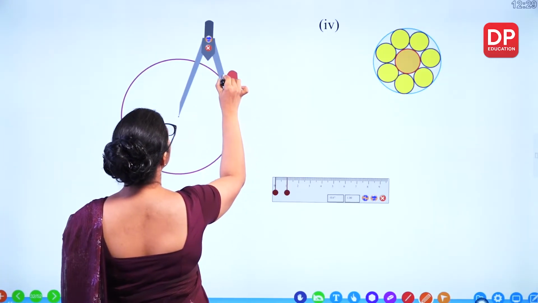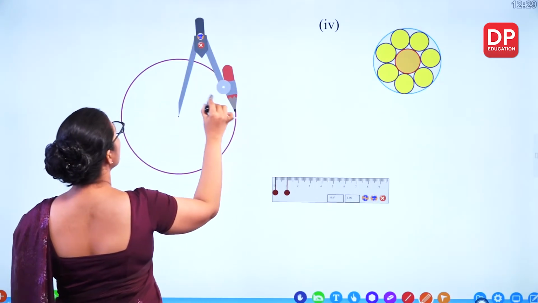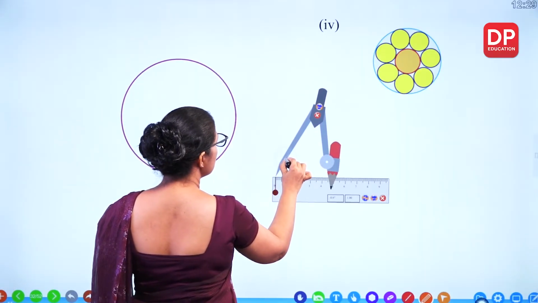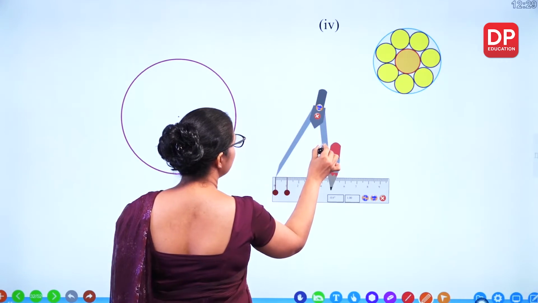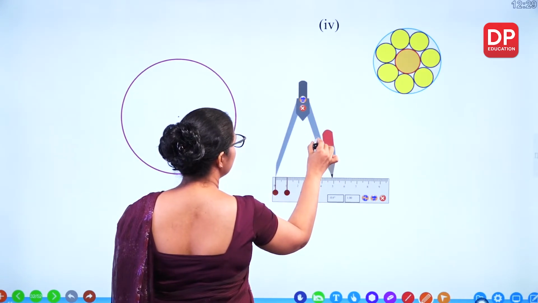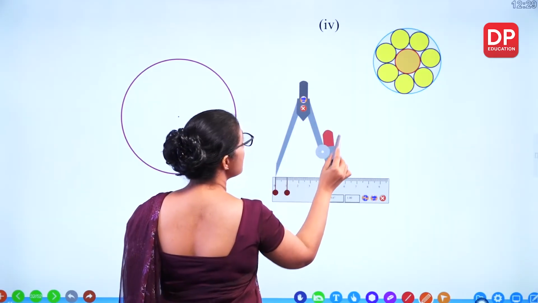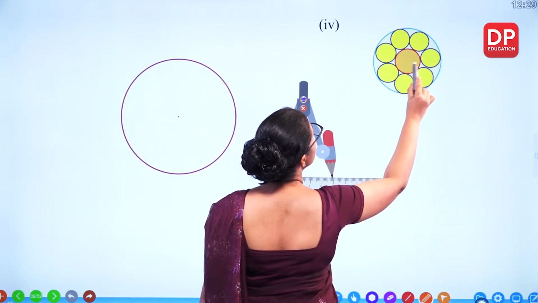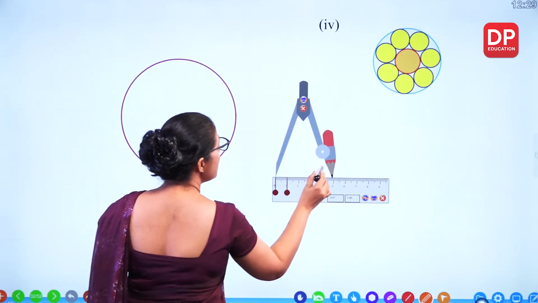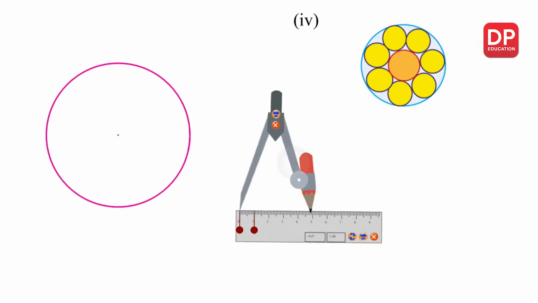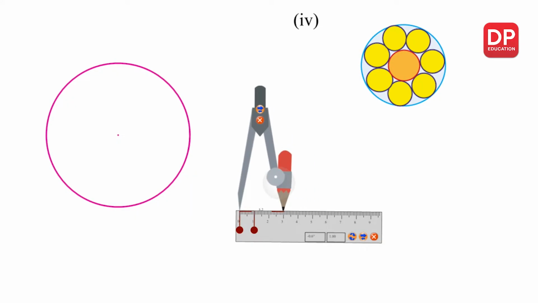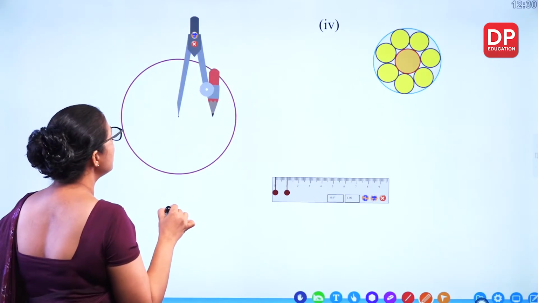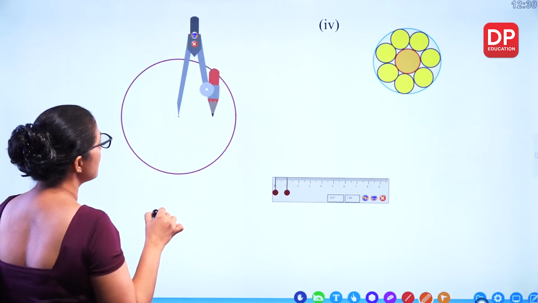Then we'll take 3 centimeter length. Three centimeter. So this is 5. Here I'll take 3 centimeter. That's the middle circle.